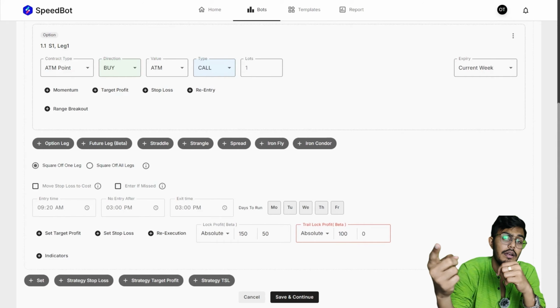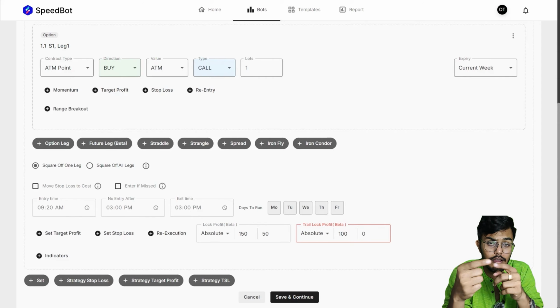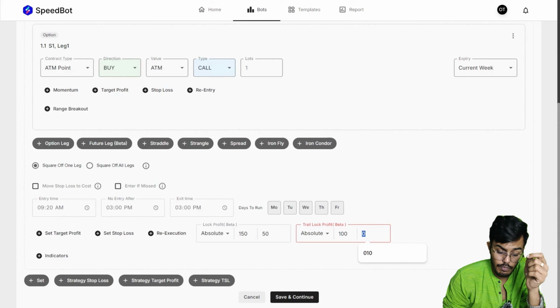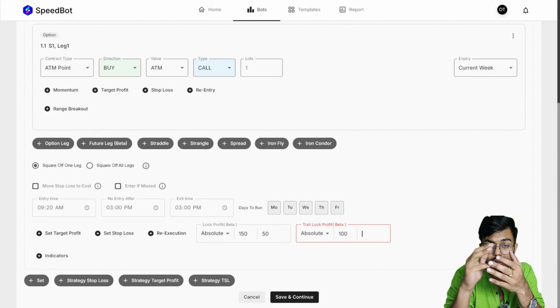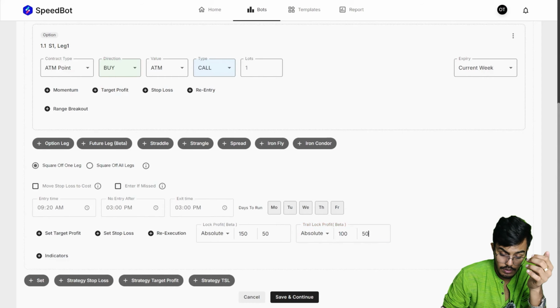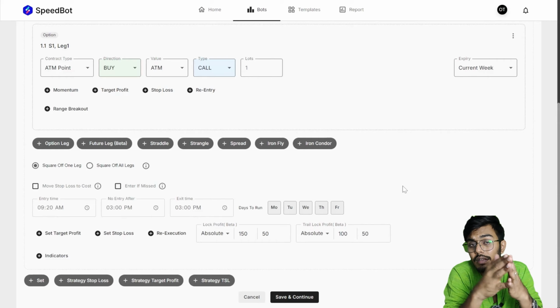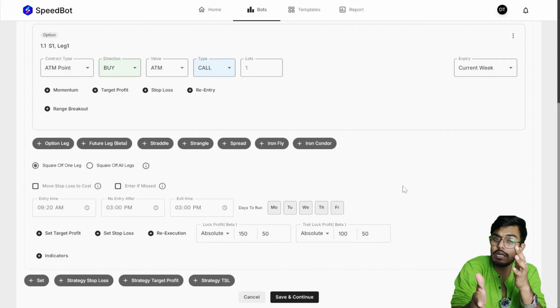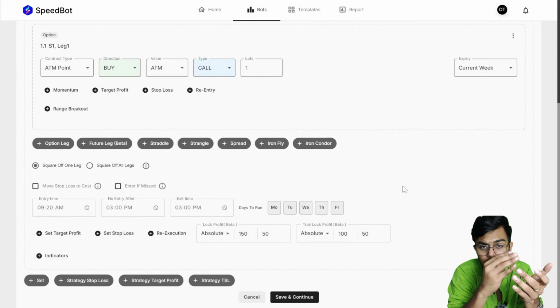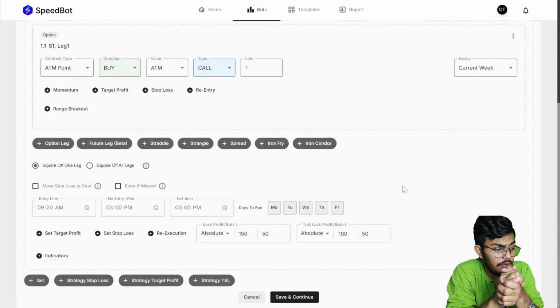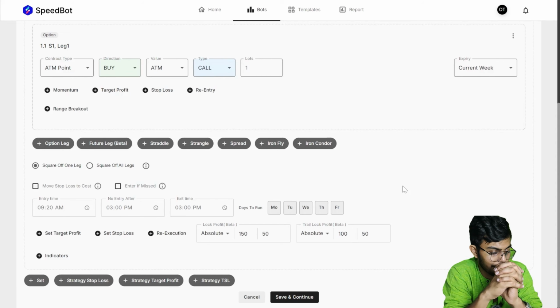After that, if there is another 100 rupees movement, then the profit which was at 150, I would like to trail it by another 50 rupees, that is at 200 rupees. And whenever the market moves down, I'll be able to book the profit at 200 rupees. So this is the log profit feature. I hope it is clear to you, Jayesh.